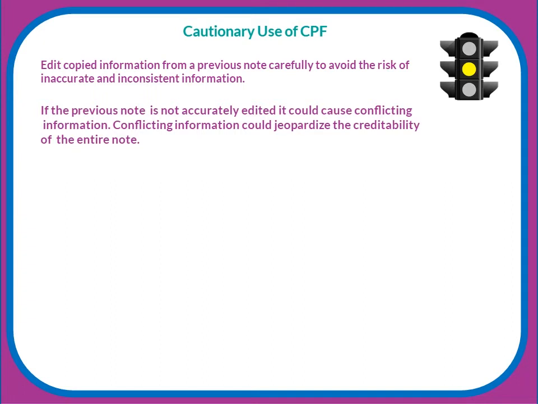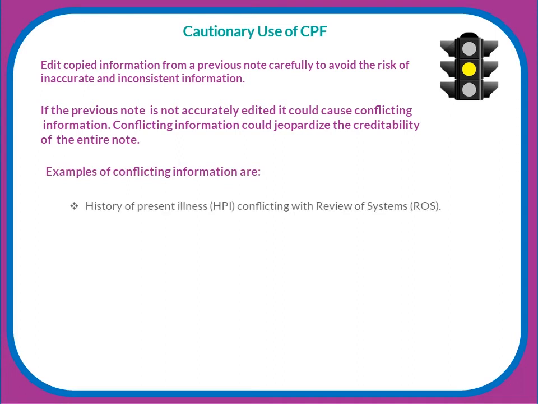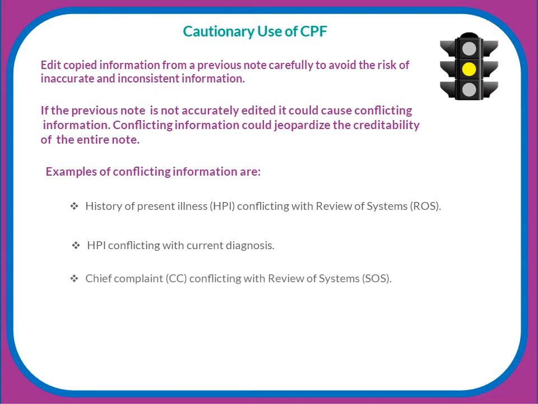Conflicting information could jeopardize the credibility of the entire note. Examples of conflicting information are history of present illness conflicting with review of systems, history of present illness conflicting with current diagnoses, or chief complaint conflicting with review of systems.